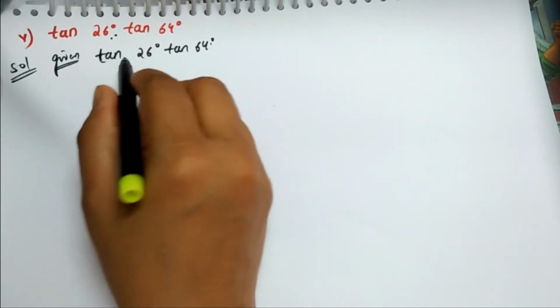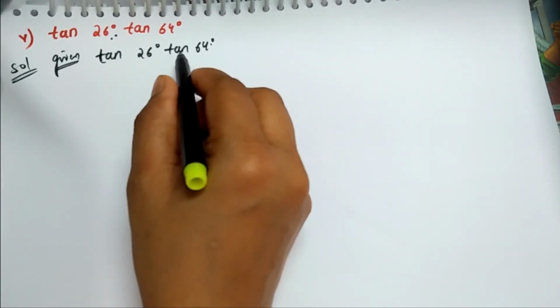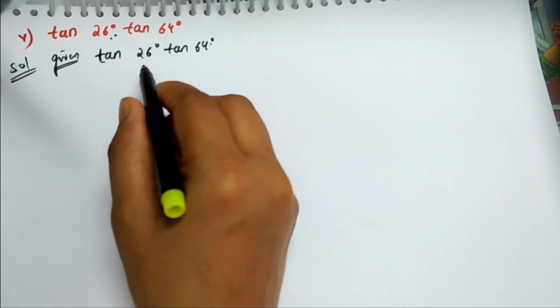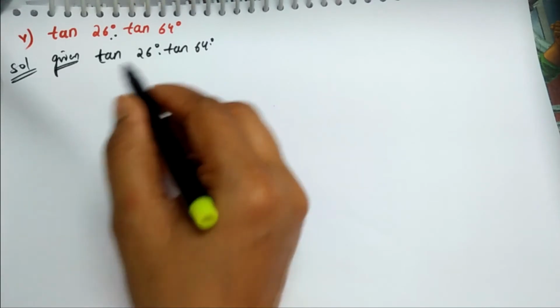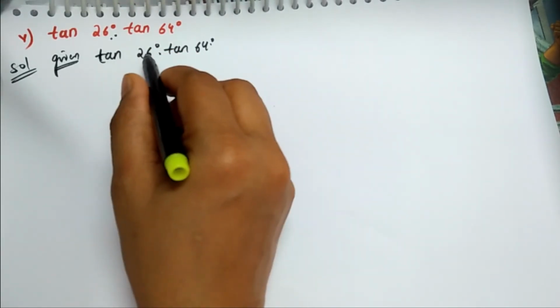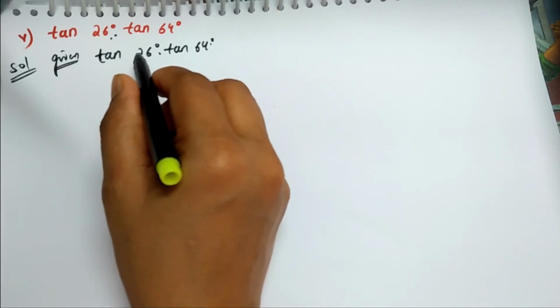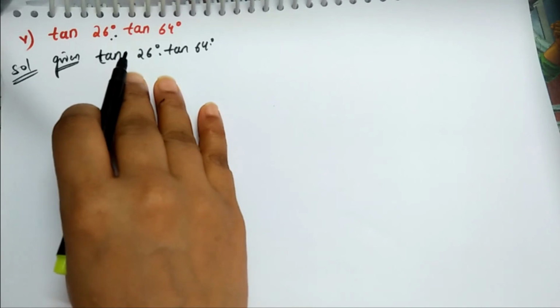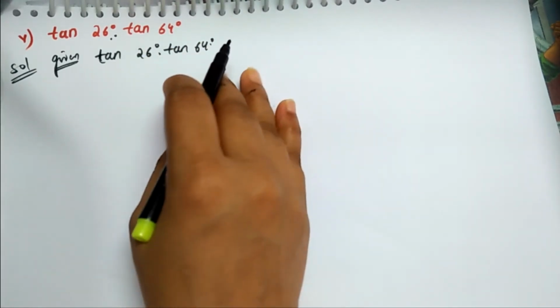But here we have tan and tan. We think it's so simple, we just need to multiply these. But it's not, because we don't know the value of tan 26 degrees. We just know tan 30 degrees maybe, tan 60 degrees maybe, but 26 and 64, we don't know.